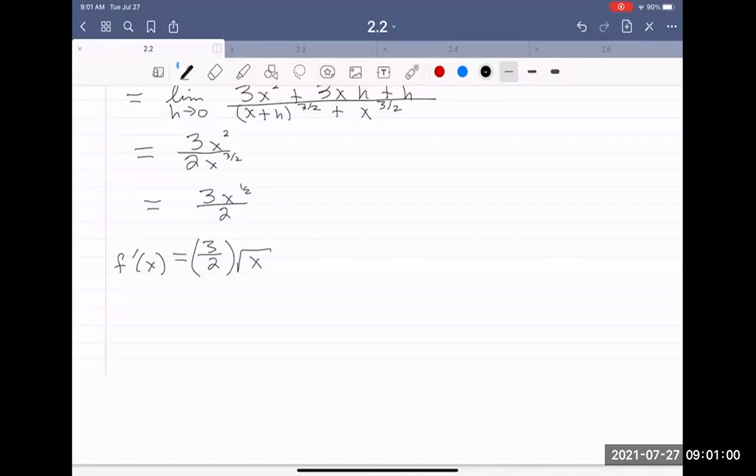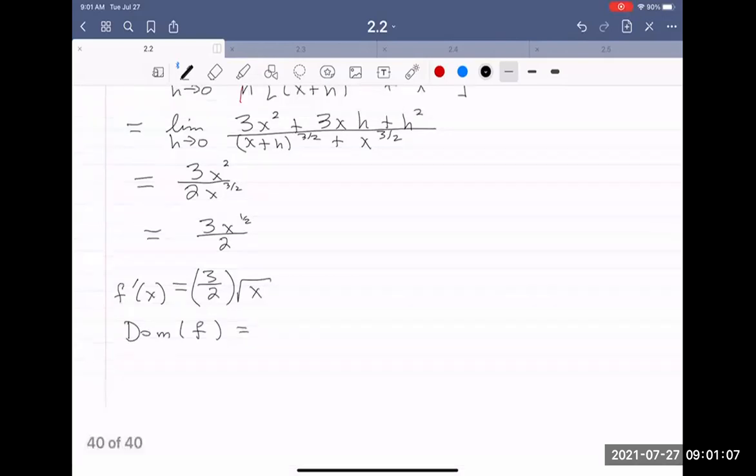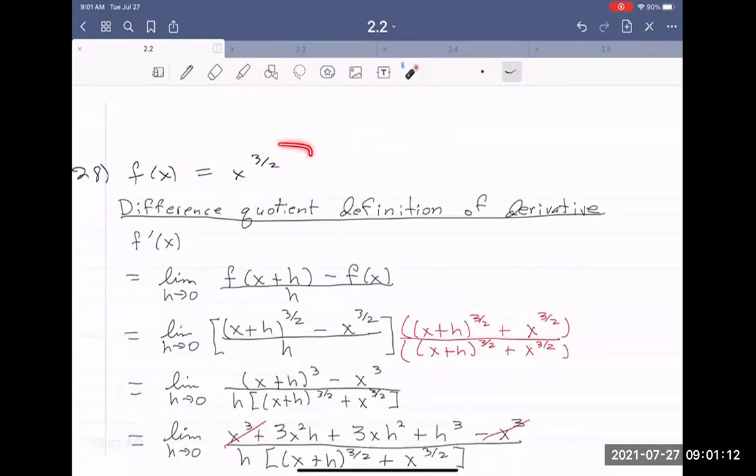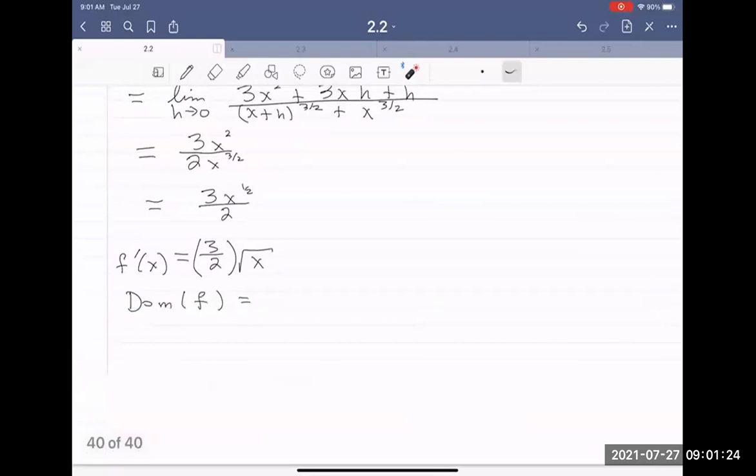And so let's try to find the domain of f. Well, let's see. I don't want to take the square root of negative numbers. So I don't want to take the square root of a negative number. Therefore, I want my x's to be non-negative.